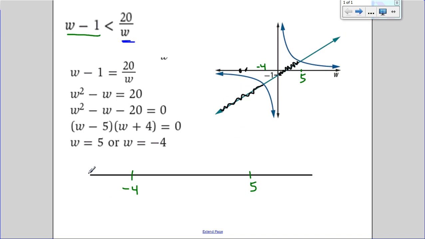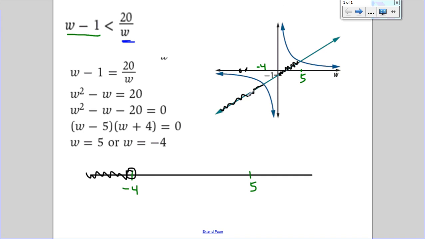I think it's easy here: we're going to shade all the way to negative 4, and we're going to have an open dot because it's just a less than. But it stops for a while, and then it has this value here. What's special about the inverse is it's decreasing at a decreasing rate, and then it switches right after 0, and after that it shoots up into positive infinity.